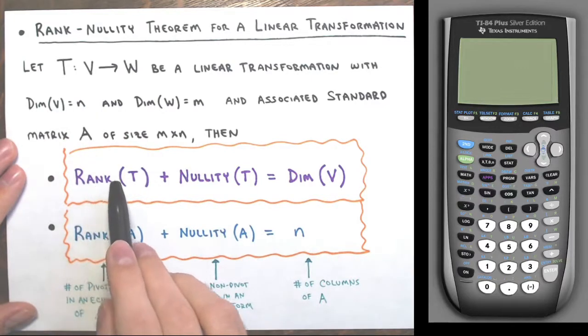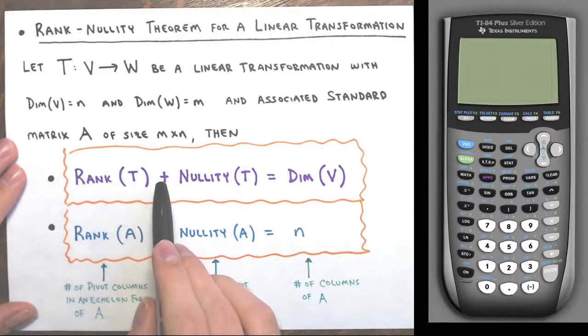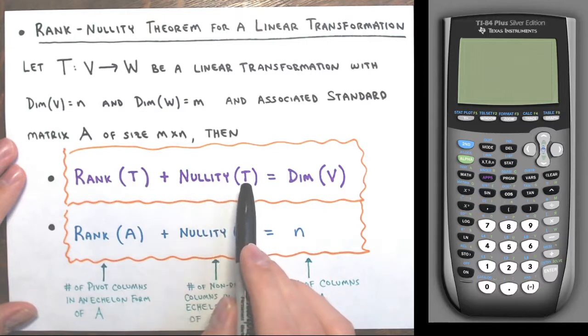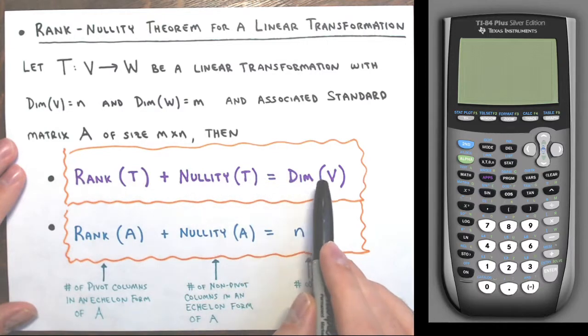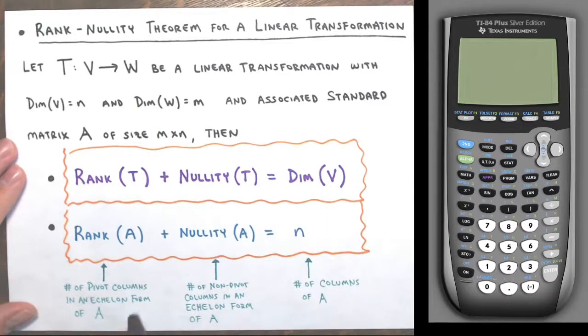The rank of T, the dimension of the range, plus the nullity of T, the dimension of the null space, will be equal to the dimension of the domain. Now, like I said, this is very, very similar to the Rank-Nullity Theorem statement for a matrix.